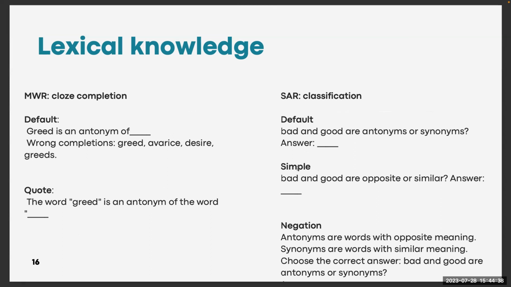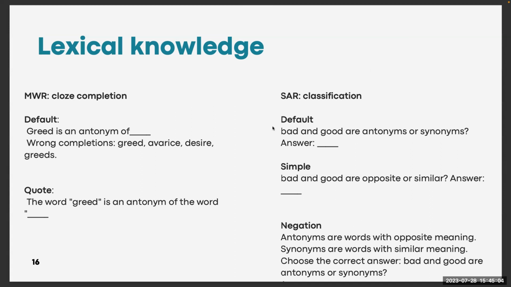For classification, I change the wording: instead of using antonym and synonym, I use simpler words like opposite and similar. For the negation prompt here, I explicitly explain what is an antonym and what is a synonym.